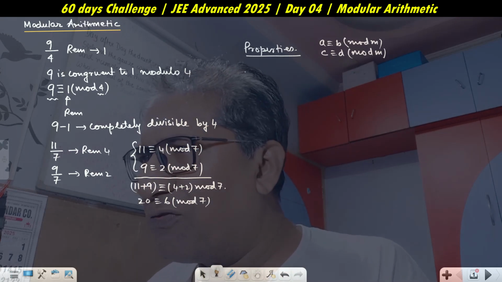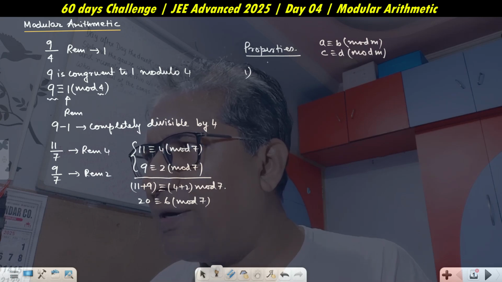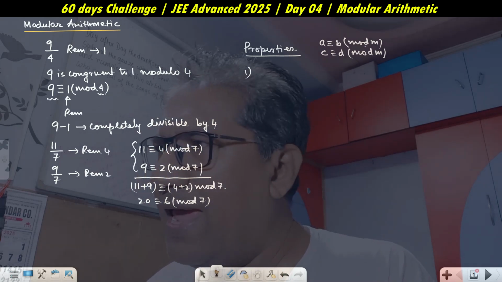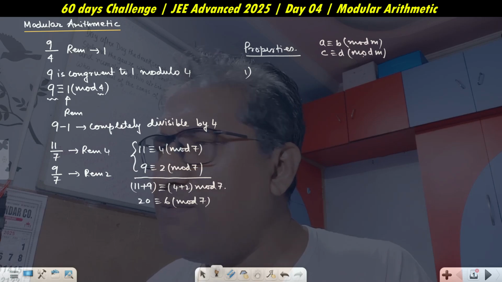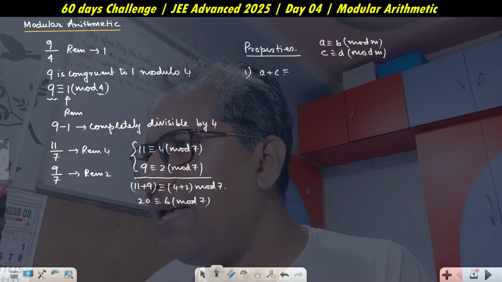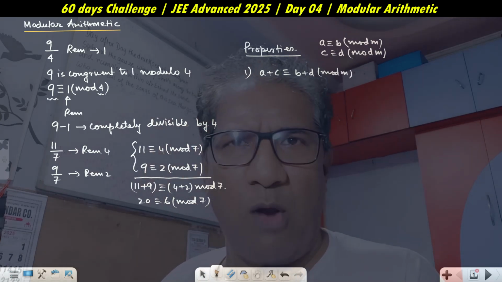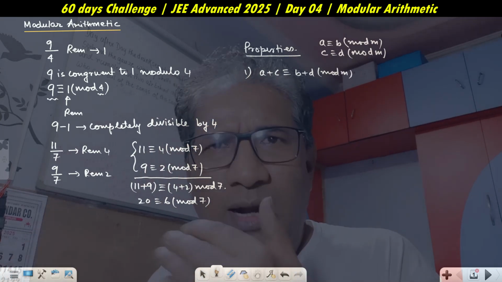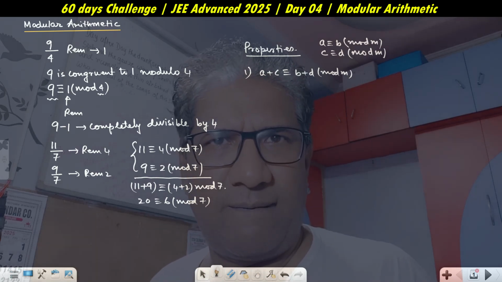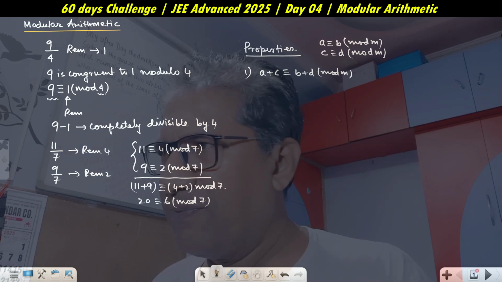That is our first property, the addition property. It states that if A is congruent to B modulo M and C is congruent to D modulo M, then A plus C is congruent to B plus D modulo M. In our terms, we can say that we can add the corresponding sides. In this way, we can remember.